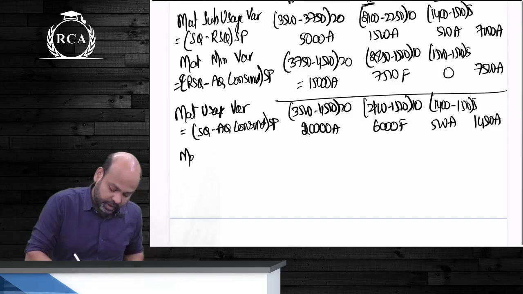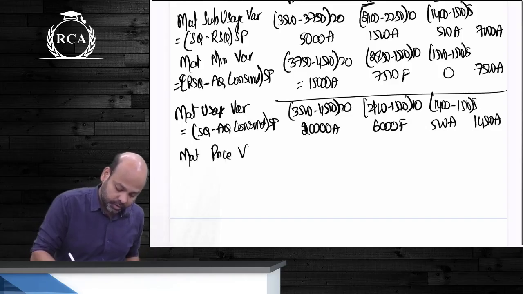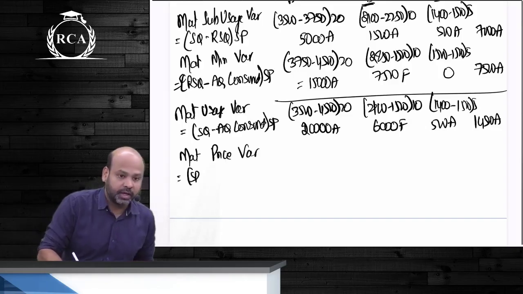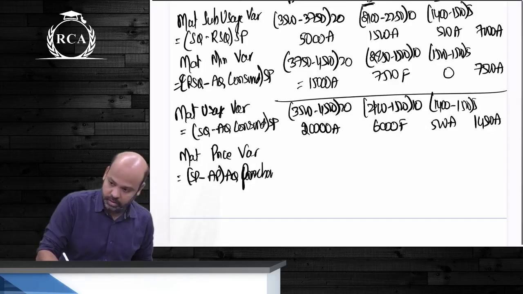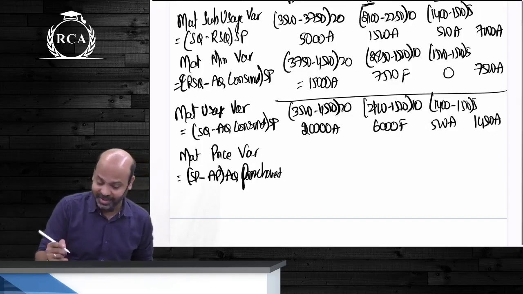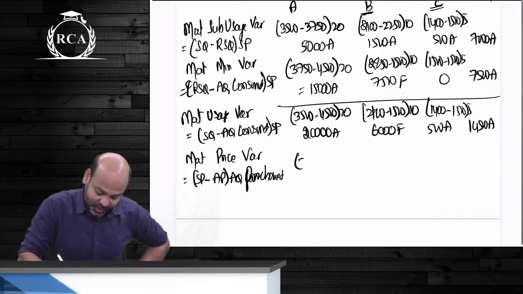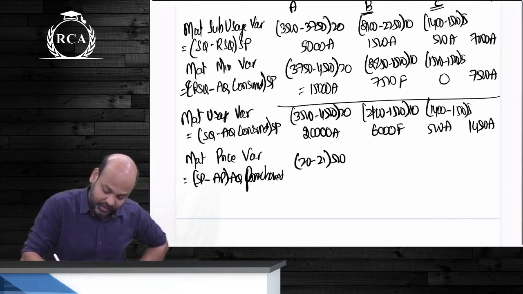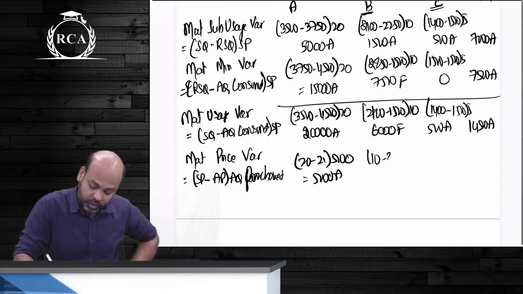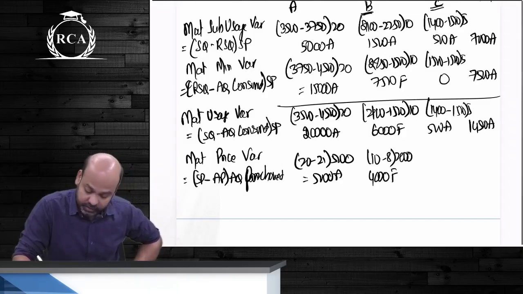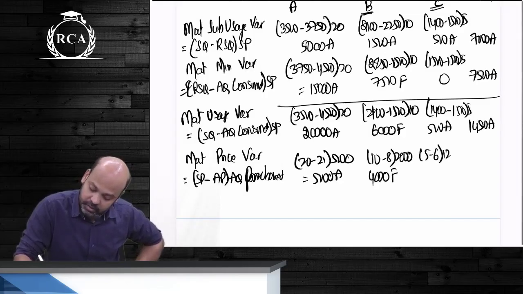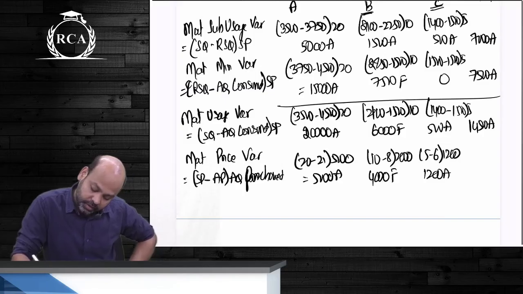Material price variance, you're directly going to write what? Standard price minus actual price into what? Actual quantity. 20 minus 21 into 5,000, 5,000 adverse. 10 minus 8 into 2,000, 4,000 favorable. 5 minus 6 into 1,200, 1,200 adverse, all put together.